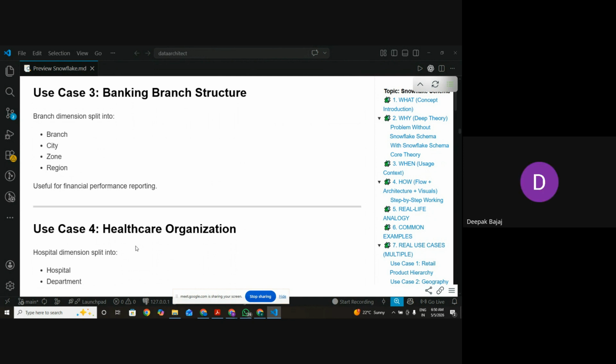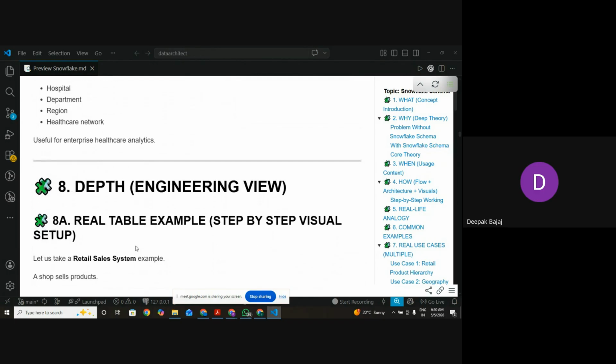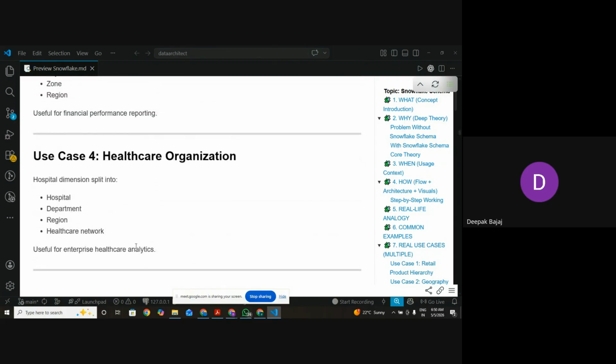You can think of hierarchy everywhere. If hierarchy is there, then you think in a snowflake table and design your schema in a hierarchical manner, so that if the CTO of the bank is interested in a particular region report, then we can do that.